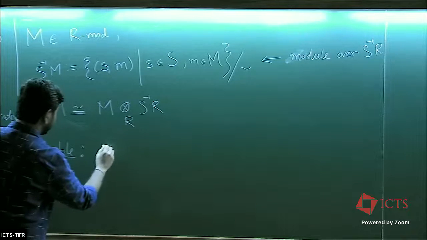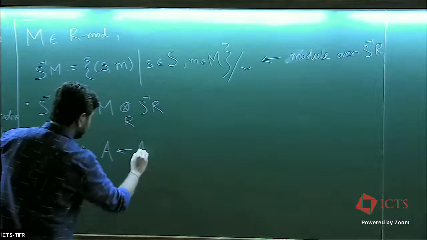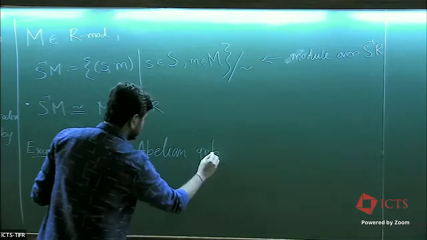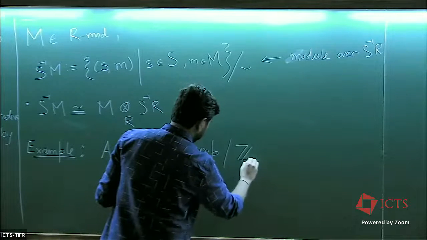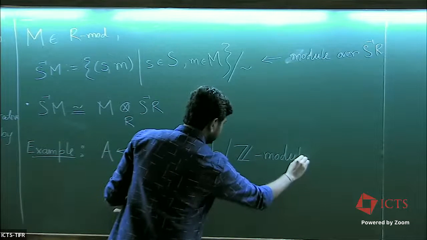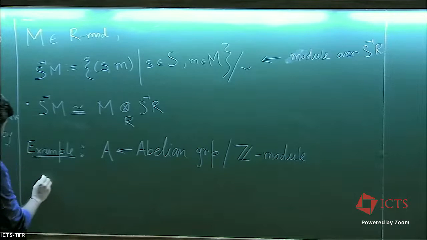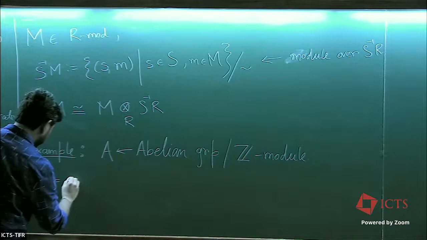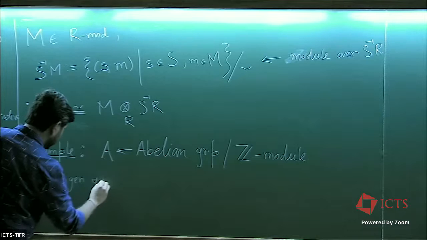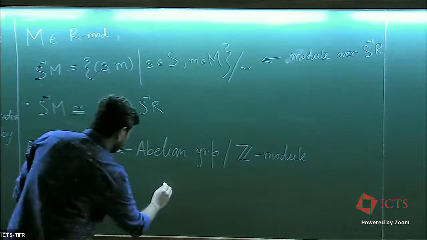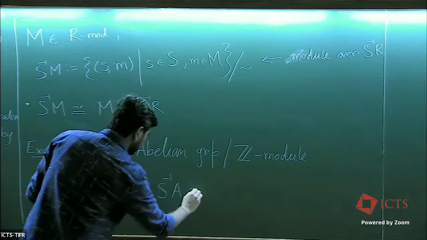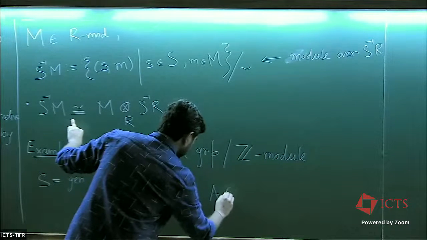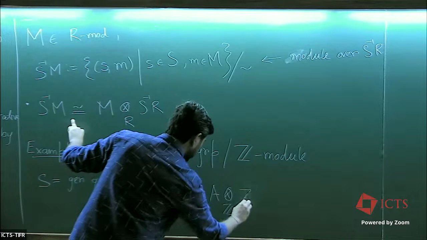The example is if we take A, an abelian group, so that is nothing but a Z module, and if we take S to be this multiplicative set generated by primes q not equal to p, then this S inverse A is nothing but A tensored over Z with Z localized at p.